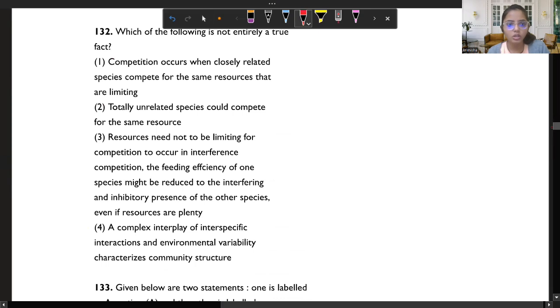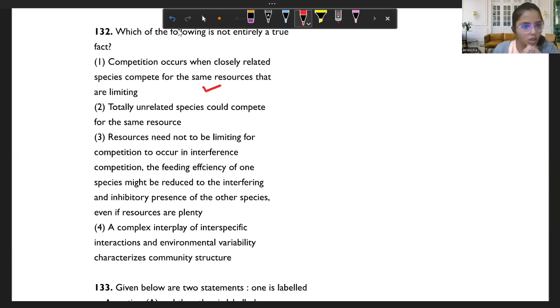Moving on to question 132. What does it say? Which of the following is not entirely a true fact? Competition occurs when closely related species compete for same resources that are limiting. Okay, that is true. When there is a resource which is limiting and two species require that resource, they will fight with each other for that resource, and that is what is called competition.